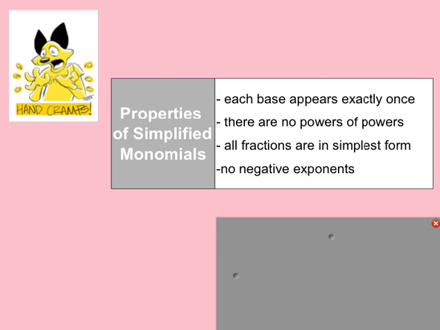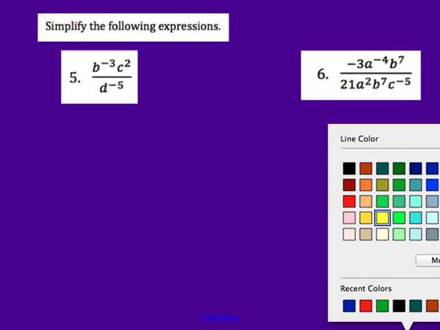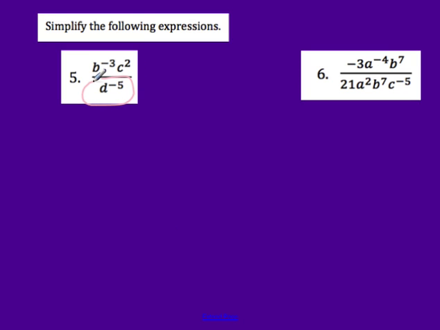Okay, so let's take a look at a little bit more complex examples. So now, again, we just want to flip things that have negative exponents. I see that this d to the negative 5 is negative down here, so I'm going to flip it to the top. This b to the negative 3 is negative up here, so I'm going to flip it to the bottom.